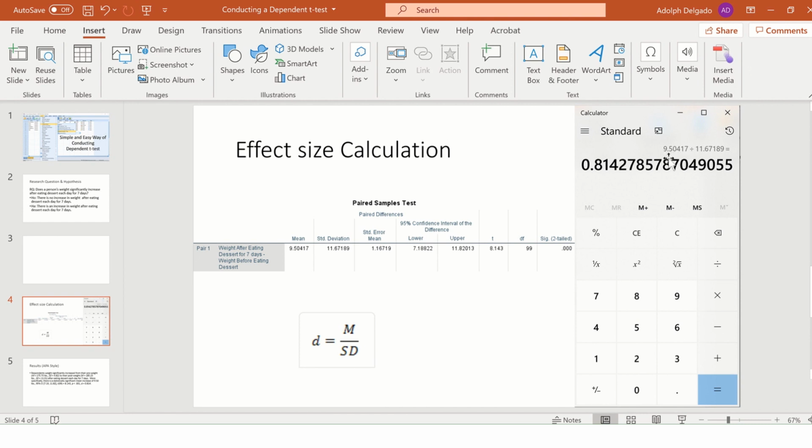I put the entire number, so 9.50417 divided by 11.67189, and I got 0.81. If you're familiar with Cohen's calculations for effect sizes, you would know that this is a large effect, right? So the impact of dessert accounts for the difference in weight.